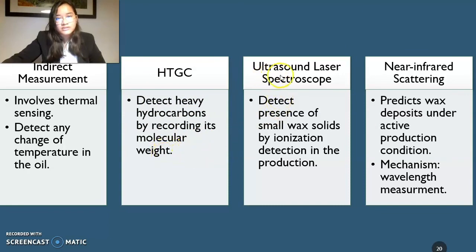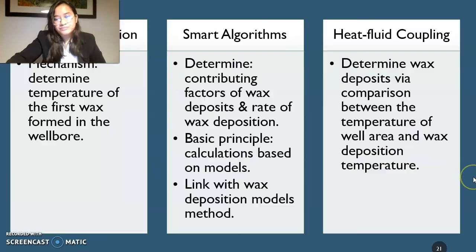Next is ultrasound laser spectroscopy. It detects the presence of small wax solids by ionization detection in the production. And then near infrared scattering predicts wax deposits under active production conditions. The mechanism is the wavelength measurement.